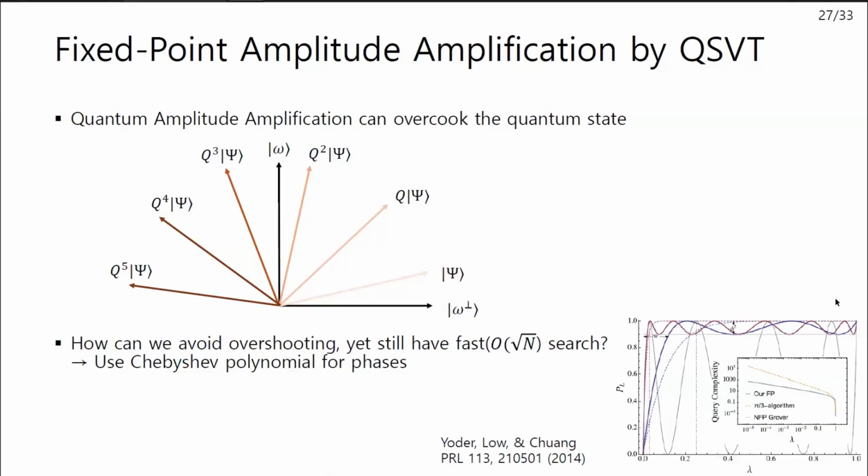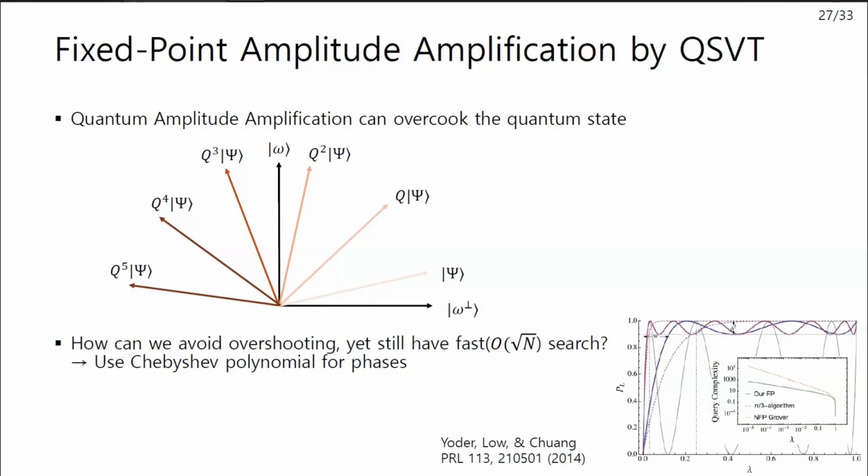And how can we avoid overshooting yet still have the fast square root of n search? The answer is to use Chebyshev polynomials for phases. You can see the graph below, on the right side. There is an oscillating line with black color, which is the original amplitude amplification.